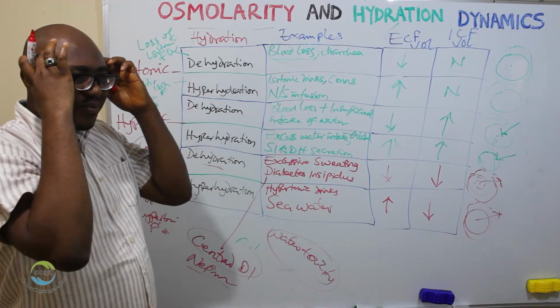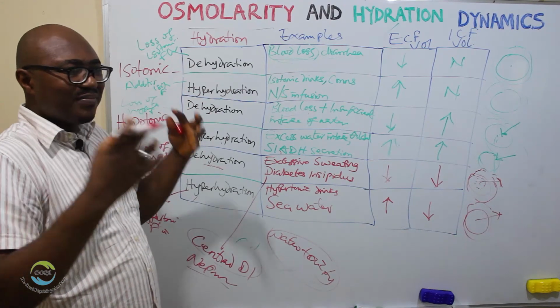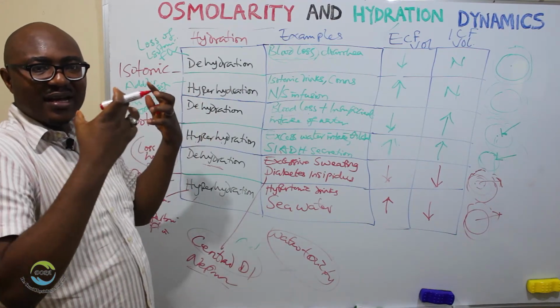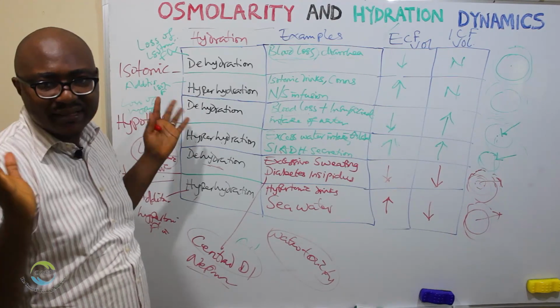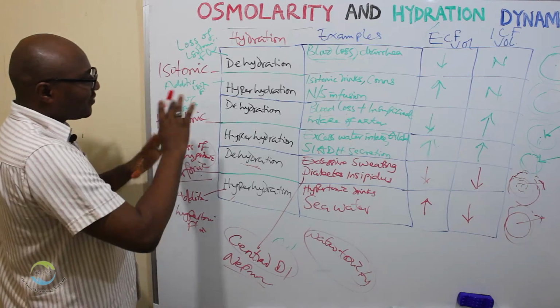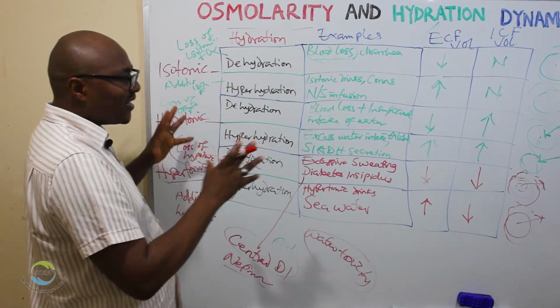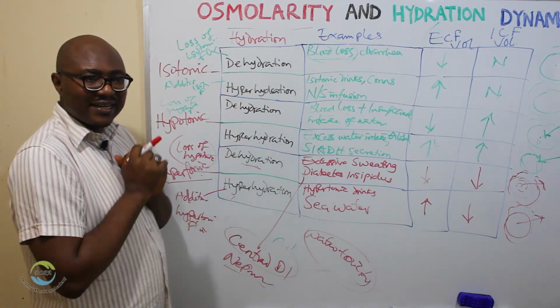And especially the brain cells, there's so much hypotonicity. So they swell and it's called cerebral edema. You go unconscious and you die. It's called water toxicity. So these are the things that you need to know at this level. This osmolarity and hydration dynamics.